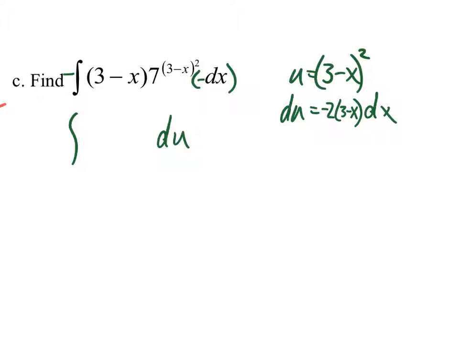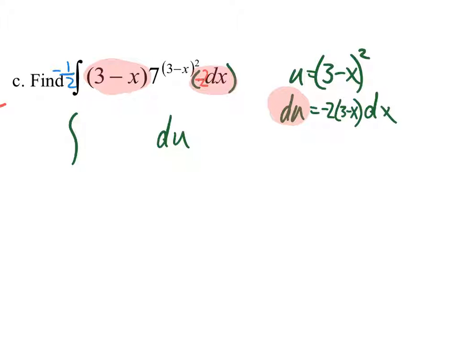And now what that means is I don't just need a negative, I actually need a -2 here and a -1/2 on the outside. Okay? Because this and this all combined are the du.